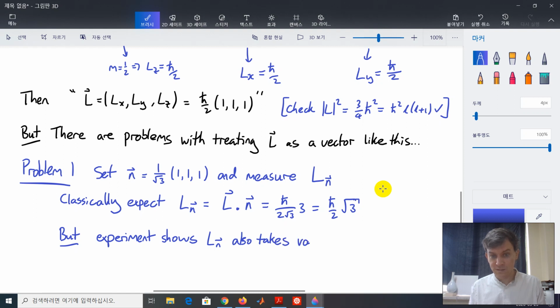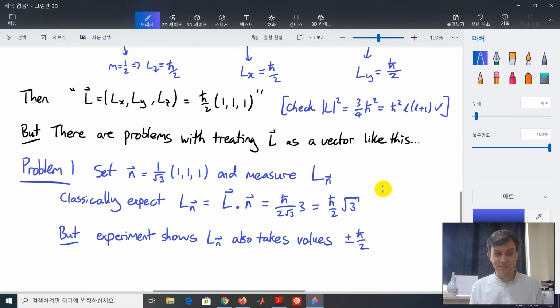So when you do this, you will get plus or minus h bar over 2. That means that you can't treat L just as a vector like this, because no matter what direction you measure it, you always just get these two possible answers, plus or minus h bar over 2. So you cannot determine L as a full vector.